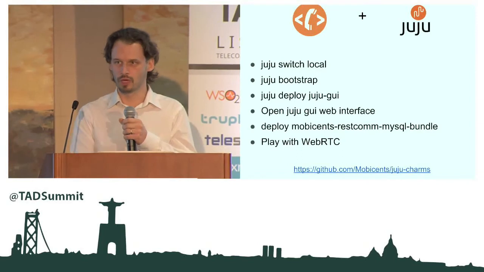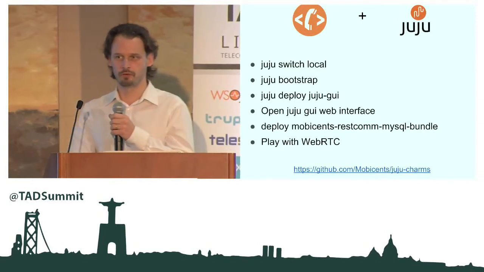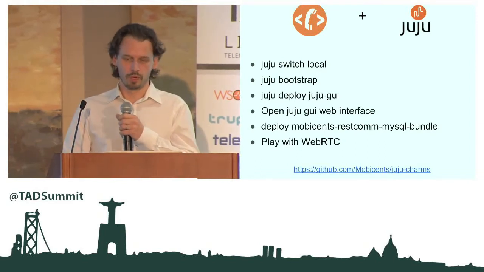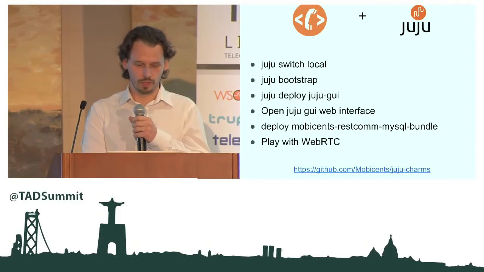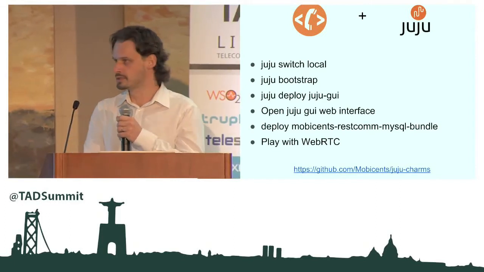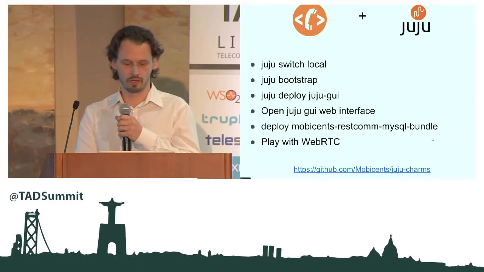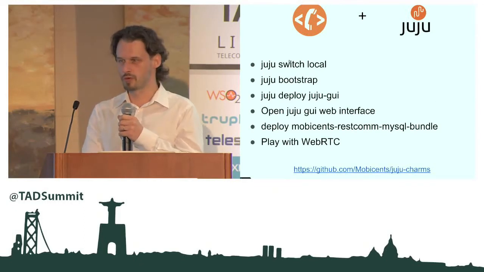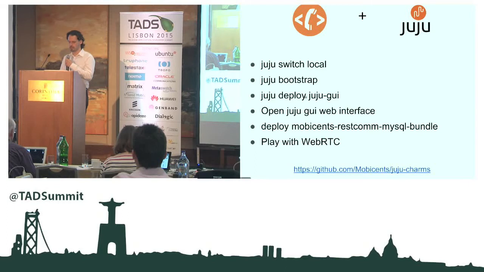So now on to the demos. I've been preparing the demo, so I'll not be showing all the deployments, but what I did offline so that we can win time is bootstrap the environment and deploy the Juju GUI.